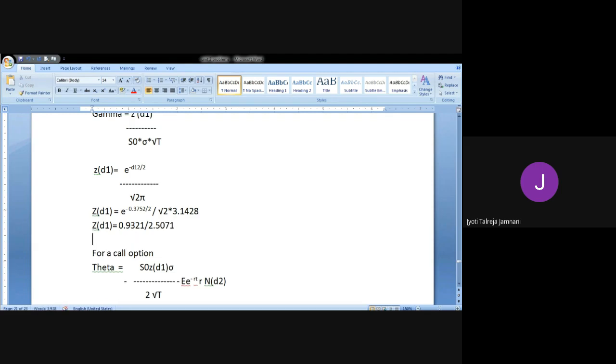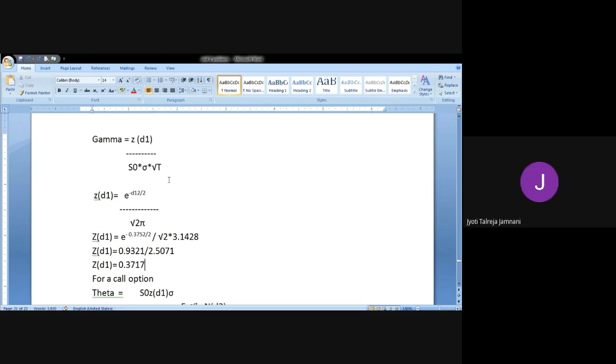Divide both, you will get the value of Z(d1). 0.9321 divided by 2.5071 is 0.3717. Getting it, Sharvari? Yes, ma'am. Now we have the Z(d1) value.